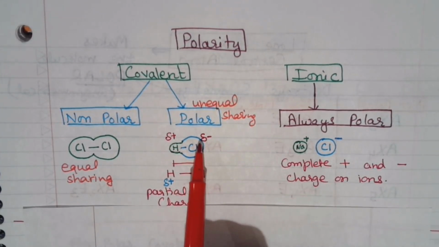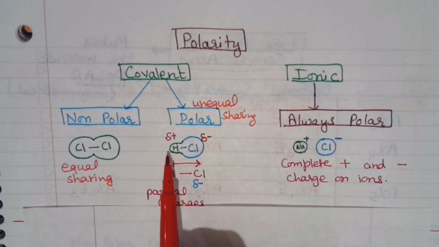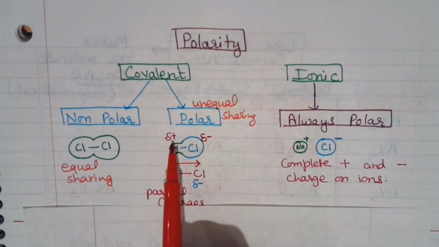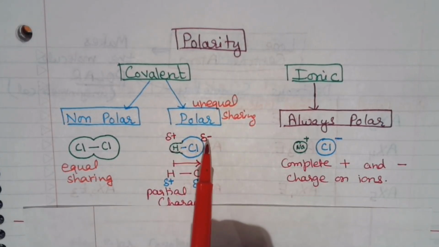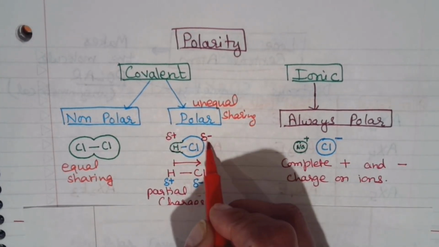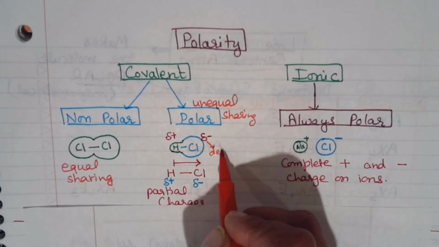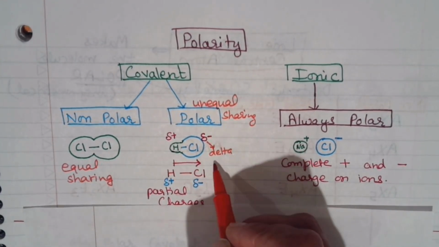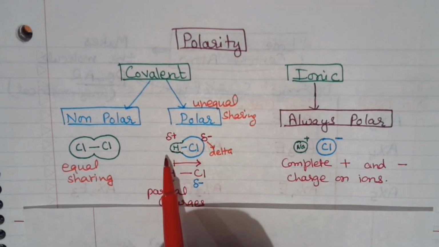So the shared pair lies closer to chlorine. That gives a partial negative charge to chlorine and a partial positive charge to hydrogen. See, chlorine has a partial negative charge, which is denoted by this symbol delta, right? So delta negative charge and delta positive charge.